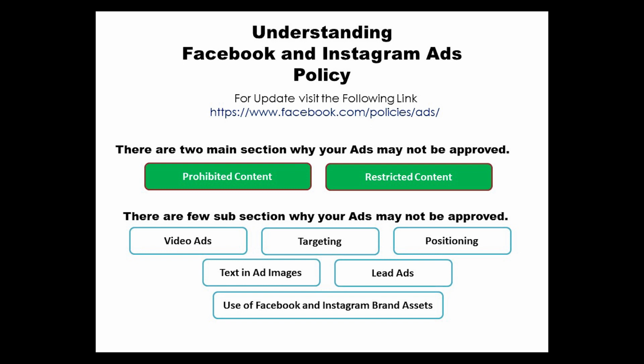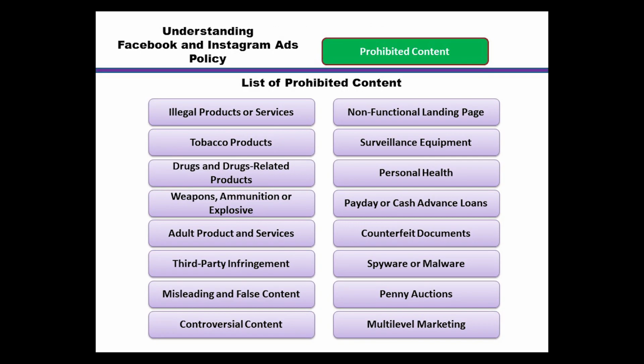So now let's get to the prohibited content. While I was browsing the policy on Facebook and Instagram ads, I found there is quite a long list to check. But here I want to give you brief information on things that we have to consider before putting ads using Facebook or Instagram platform.